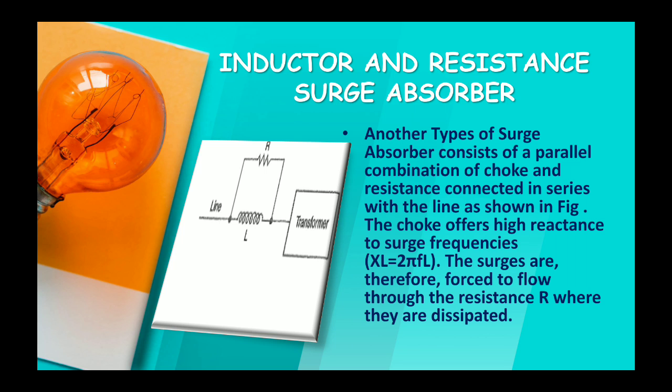In case of surge occurrence, the high current flows through the resistance and is dissipated in it. So that is the inductor and resistance surge absorber.